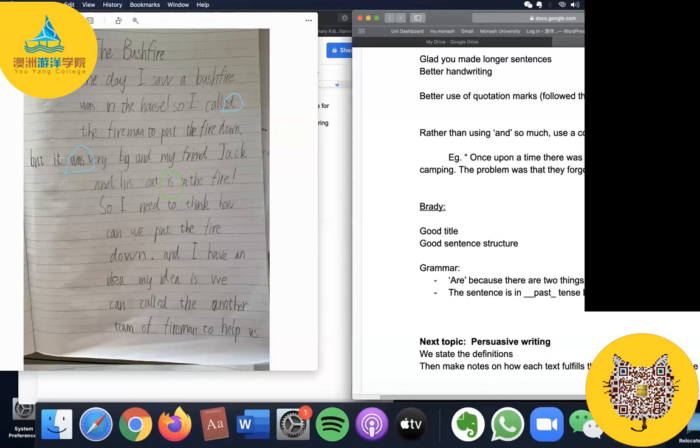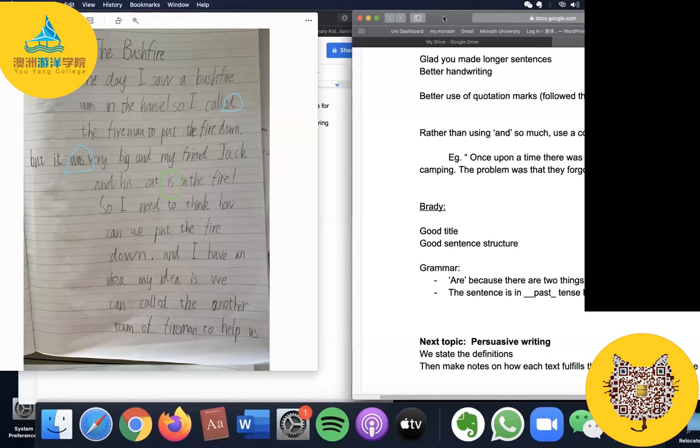I know something for Brady. When you go to the next sentence, so when it says so, I need to think how we put out the fire down. Okay. We don't need the down. Okay, thank you, Lewis. Let's work on this sentence first, and then I'll ask you again to help us with the next.